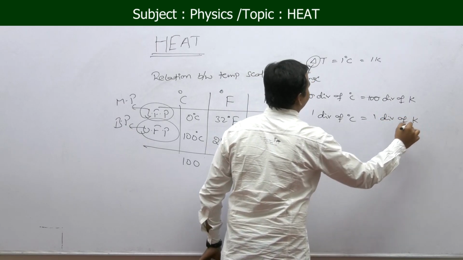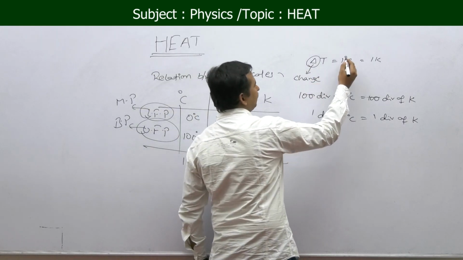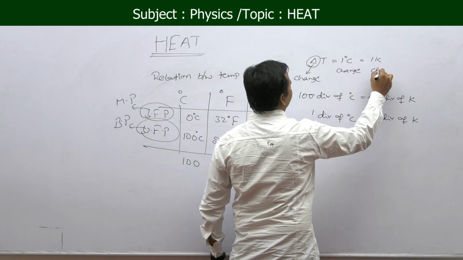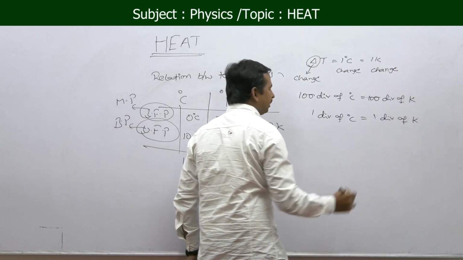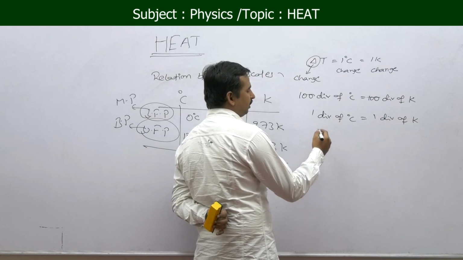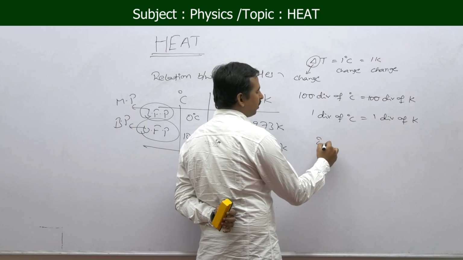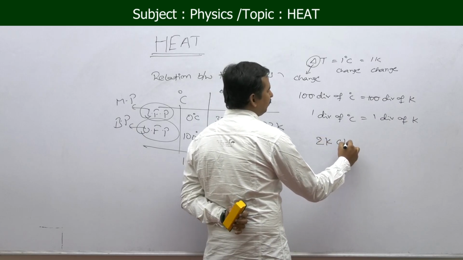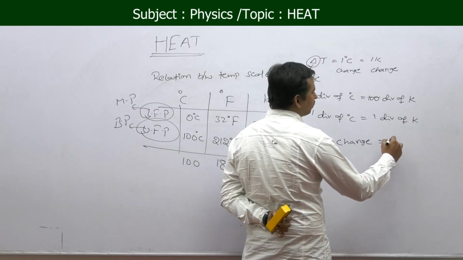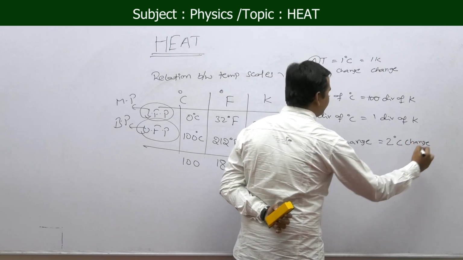That is why the change in temperature of 1 degree Celsius is a change of 1 Kelvin on the Kelvin scale. For example, if there is an increase of 2 Kelvin on the Kelvin scale, then on Celsius you also get the same change, 2 degrees Celsius.